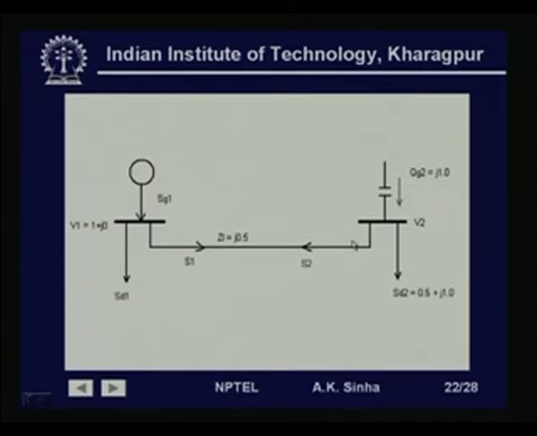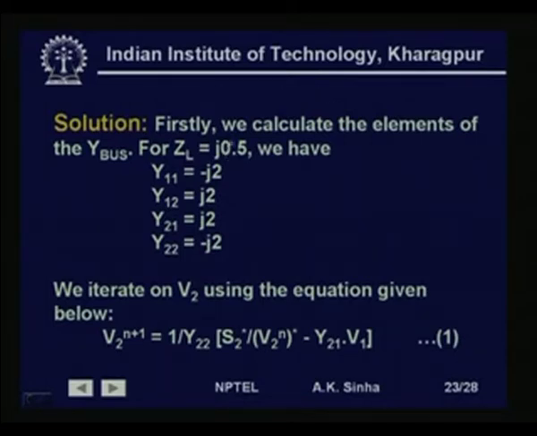So, if we take that into account, then first we calculate the elements of the Y bus matrix.